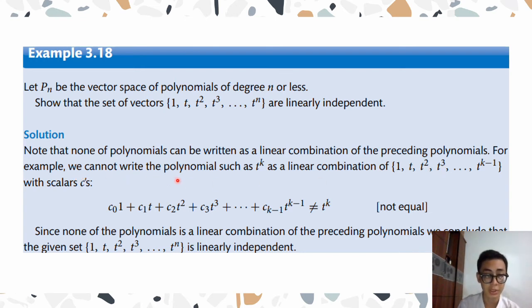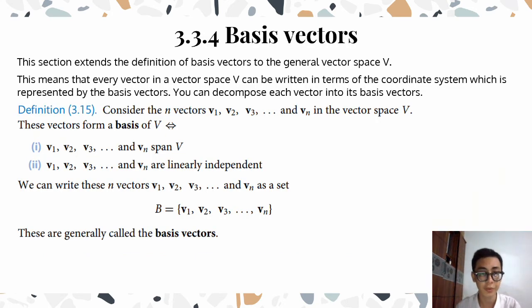For example, we cannot write the polynomial such as t^k as a linear combination of 1, t, t squared, t cubed, t^(k-1). Since none of the polynomials is a linear combination of preceding polynomials, we conclude that the given set 1, t, t squared, t cubed, and t^n is linearly independent.